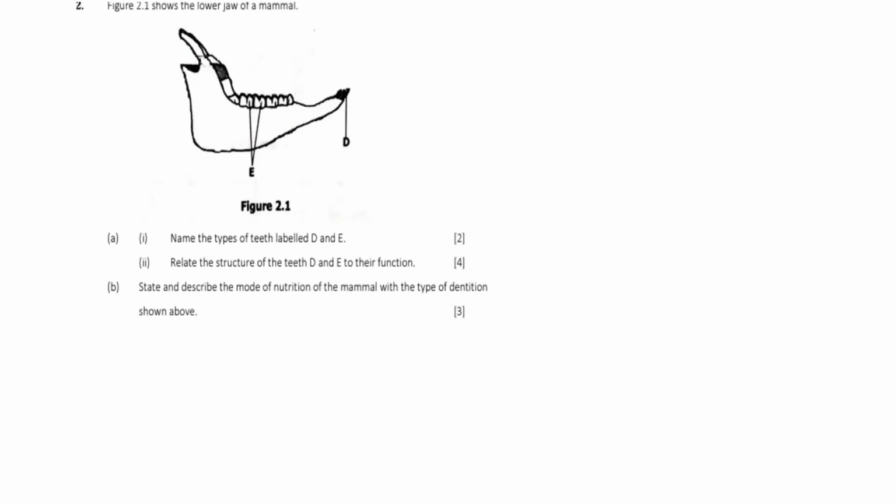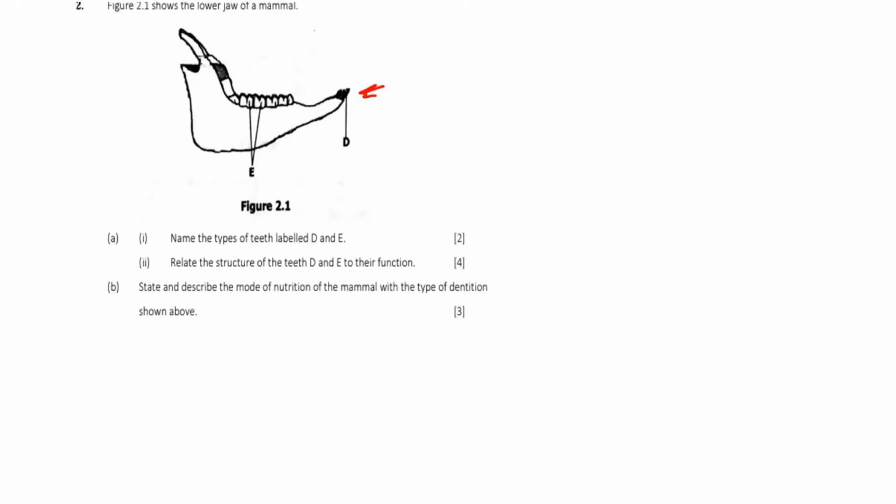So figure 2.1 shows the lower jaw of a mammal. So we only know that it's a mammal. Let us look at the questions. So the first question is: name the type of teeth, D and E. So this is where the mouth is starting from.